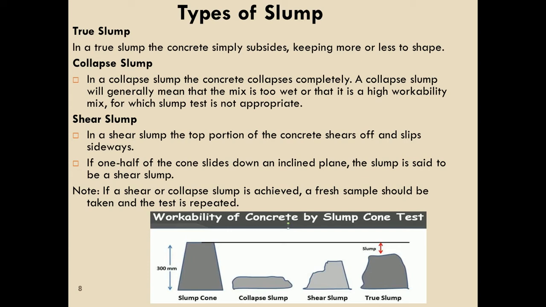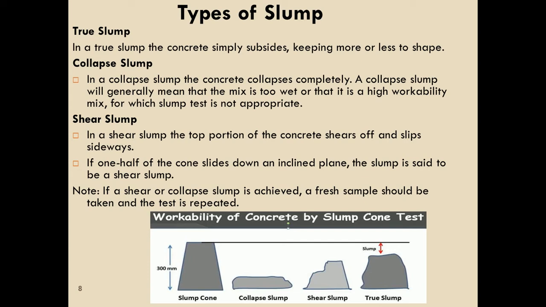And collapse slump means, when you lift the mold, there is more or less no shape, and the concrete completely settles to the bottom. Collapse slump is usually obtained for a very high consistency concrete, or if the concrete has very high workability, then there are more chances of getting a collapse slump.